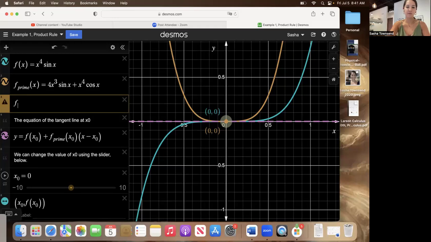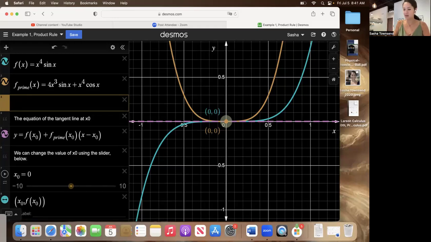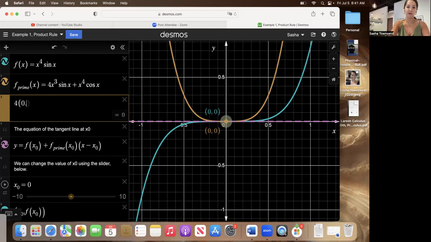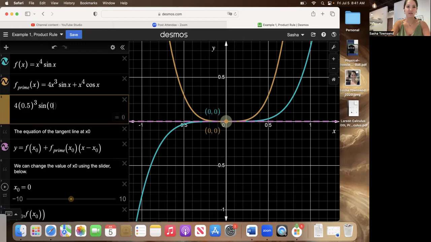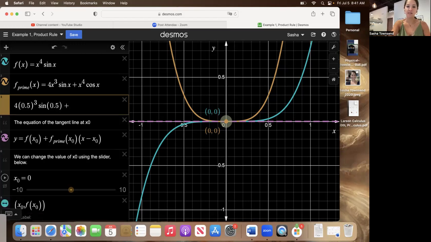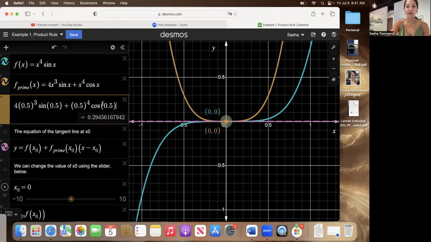So well, actually, I did it on my paper. We had 4 times 0.5 cubed times sine of 0.5 plus 0.5 raised to the 4th times cosine of 0.5. And we get approximately 0.295 approximately as our slope, which again is the same as the function value at that x value.